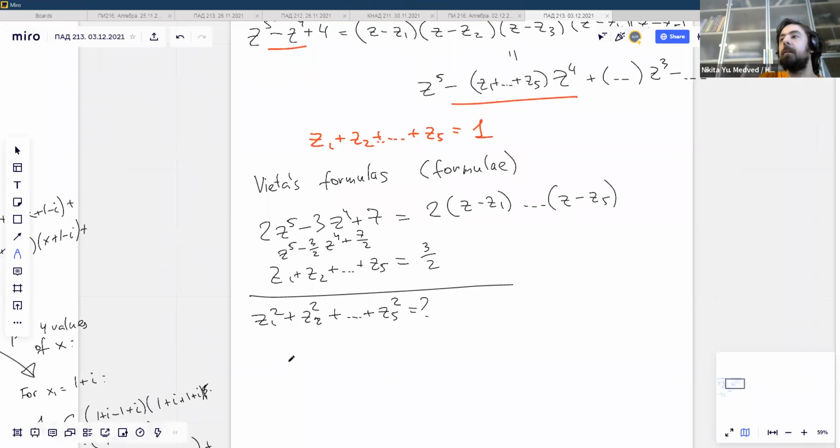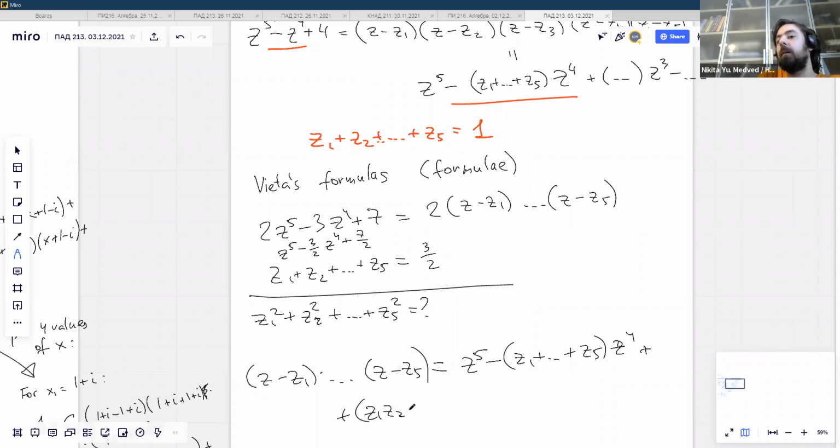And the idea is as follows. Let me return to this product and examine not only this term, but the next one. The next one looks as follows.